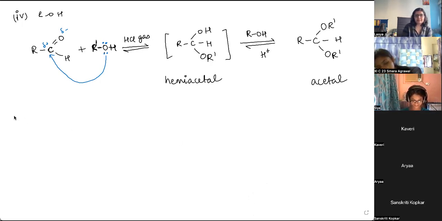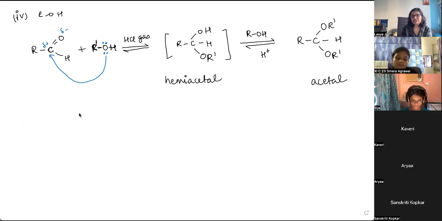For example, an application of where you will find this sort of reaction being used would be the reaction with ethylene glycol. Actually, before that, let's discuss the ketone reaction also.